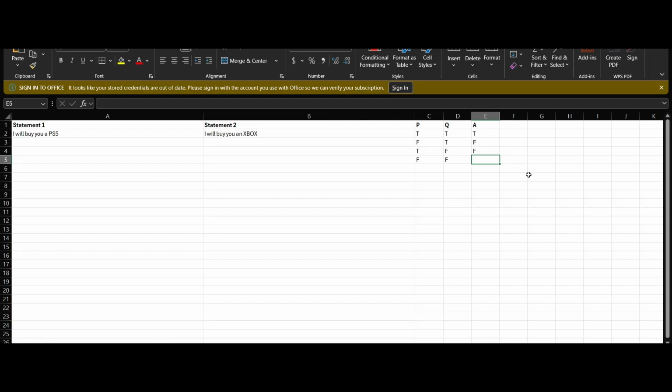Then the whole conjunction will be false as well. Okay, that will be the concept of conjunction. Now we can proceed to disjunction.